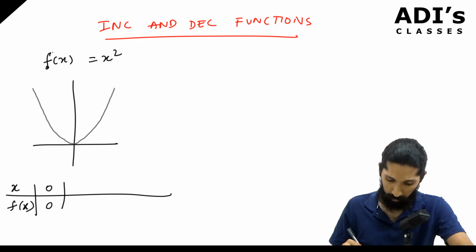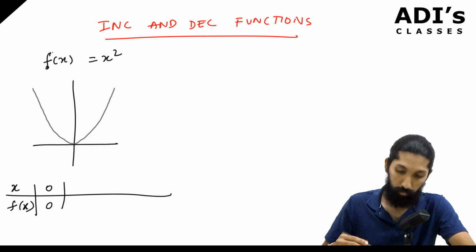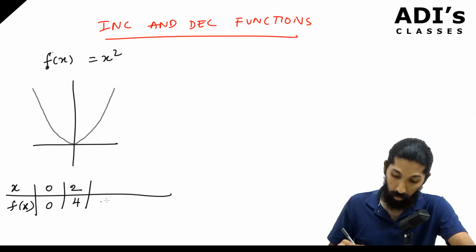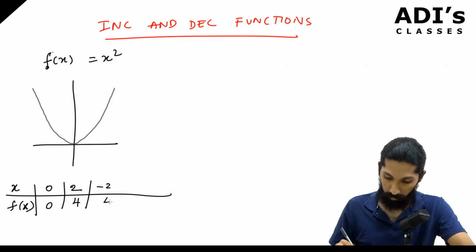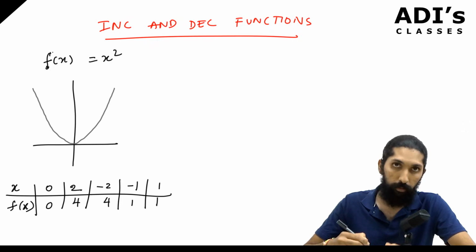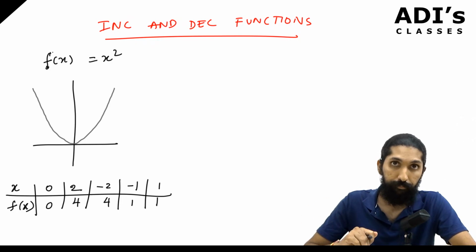Say x value is 2, f of x becomes 4. If this is minus 2, this is 4. Say you take minus 1 and you get 1. Whatever we have, we are going to get a value of f of x, which is basically x square.